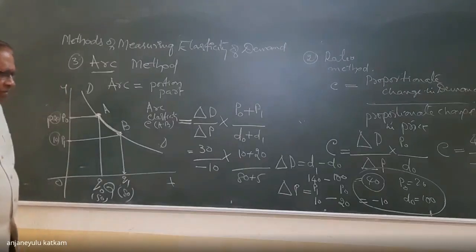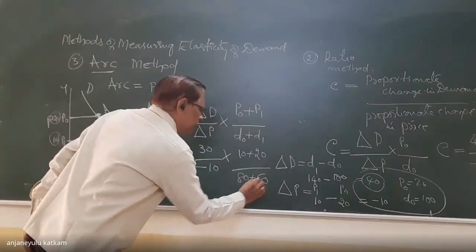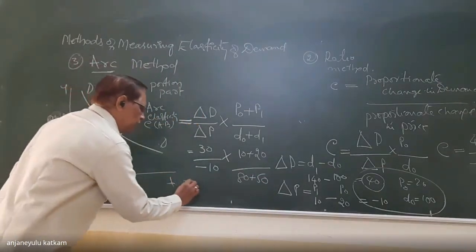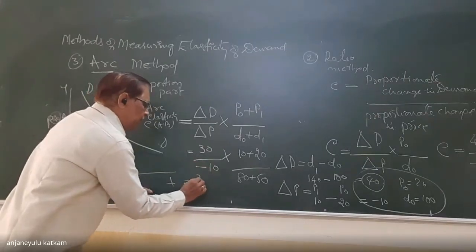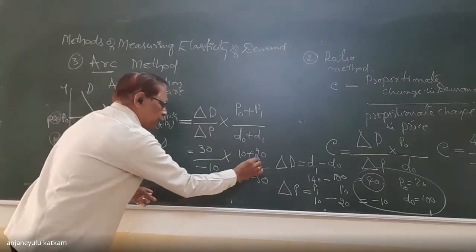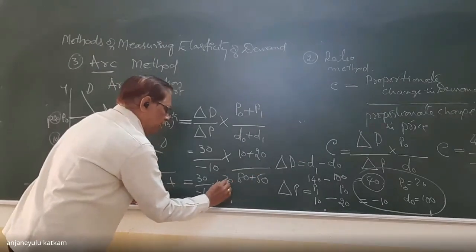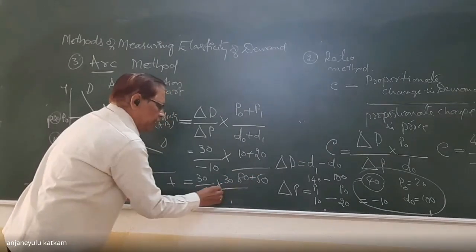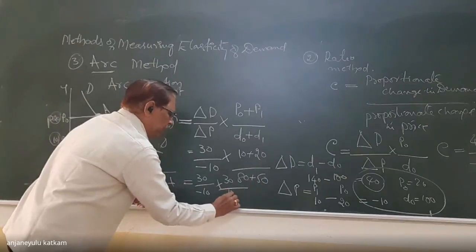In the next step, 30 divided by minus 10 into 10 plus 20, again 30 divided by 80 plus 50, 130.